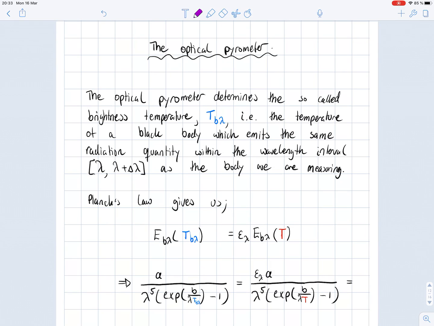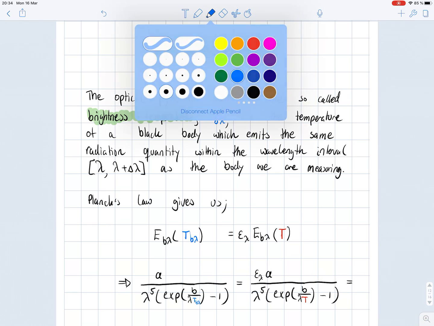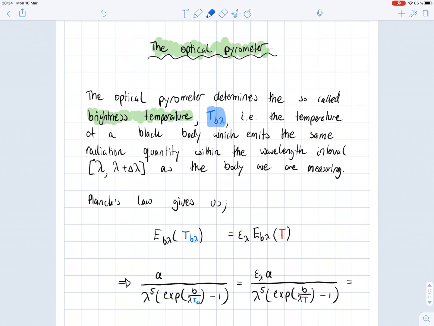The second technology that I would like to discuss is the optical pyrometer. The optical pyrometer determines the so-called brightness temperature. So this is again the temperature that the instrument gives in its display.